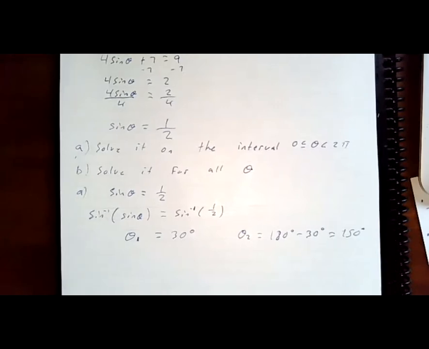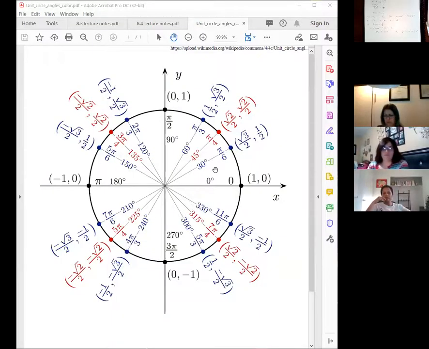Okay, so those are two angles that will make sine equal to 1/2. So there's two solutions for that equation that they gave us. One at 30 and one at 150. And that's only if you restrict the period, one revolution from 0 to 2 pi.